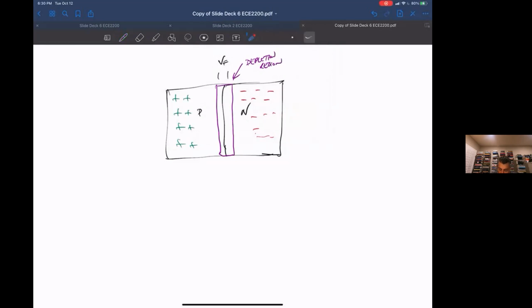So when we put a forward bias on this junction, it means we're allowing diffusion current. We're allowing some of these electrons to go over here where there aren't a lot of electrons, and we're allowing holes to go from here to here, where there's much more holes here than there.